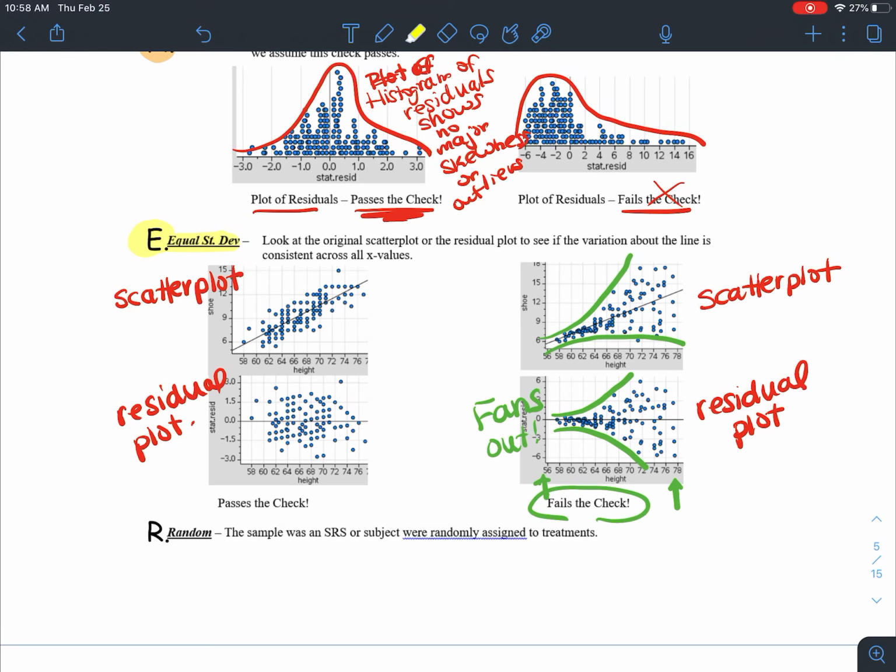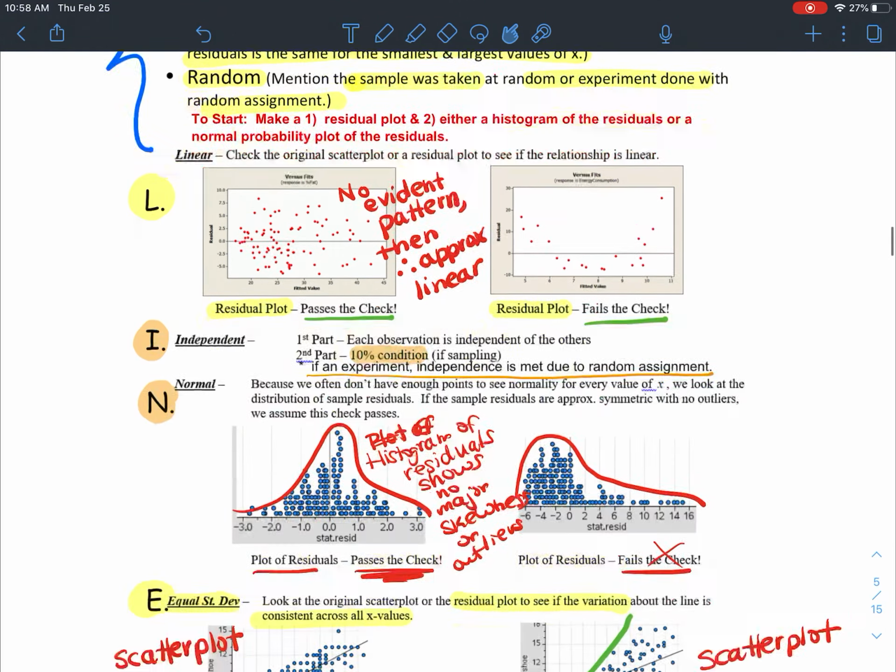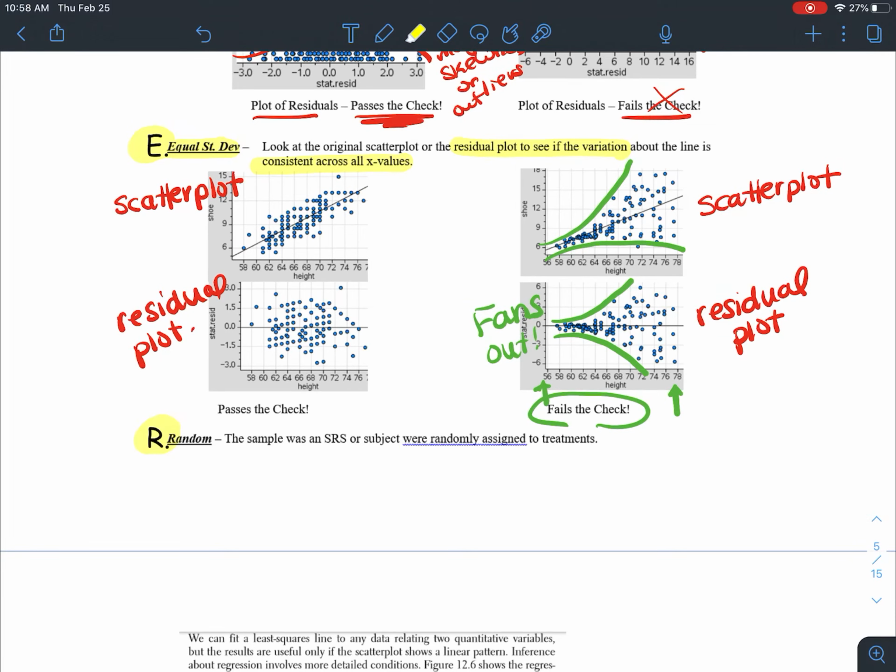So we would just simply want to say something like the residual plot shows that the variation is consistent across all the values of x. And then our last condition, the R in LINER, is the random condition, where we're either saying that a random sample was taken, or if it's an experiment, we would definitely want to mention that the treatments are randomly assigned.